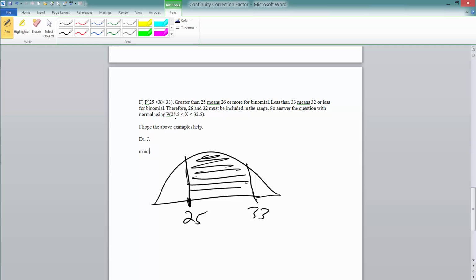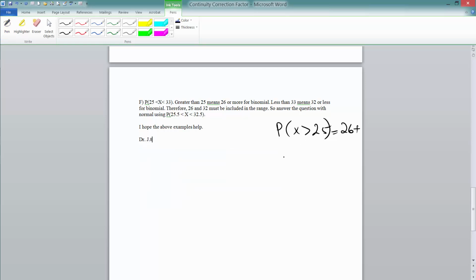Now remember, we're working with a binomial variable, which is discrete. So the probability of x being greater than 25 really means 26 and more. The probability that x is less than 33 really means up to 32, because less than 33 for a discrete variable means up to 32.